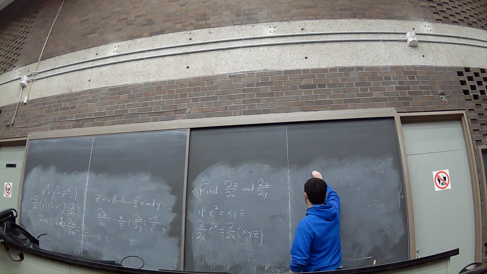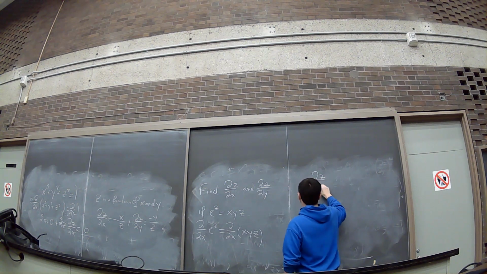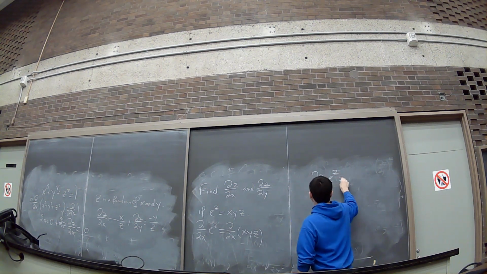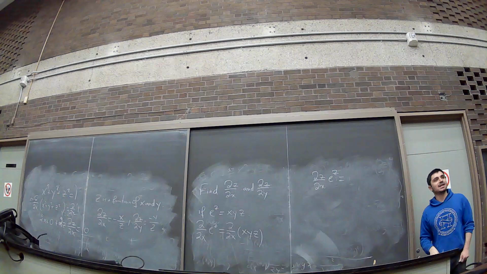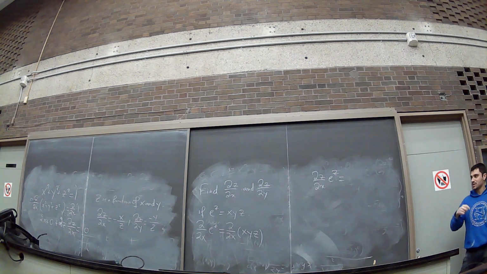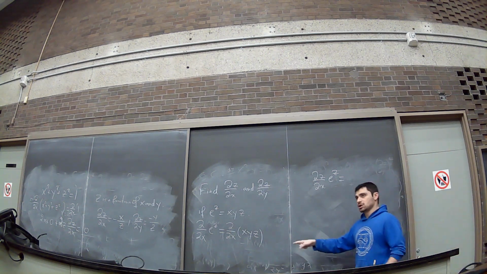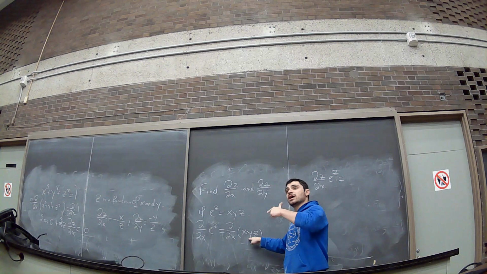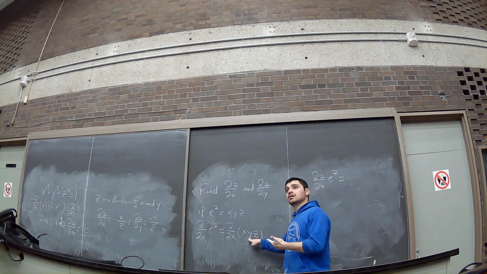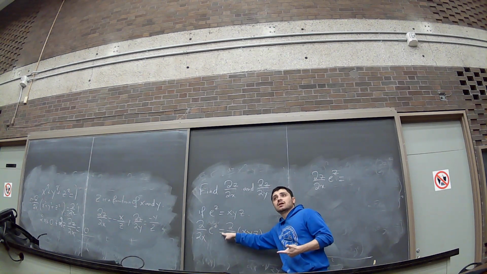So the first side is del z del x times e to the z. Now, how do I differentiate xyz... I mean, xy with respect to x? What rule should I be using here? Is x a function of x? Yes. Is y a function of x? No, so it's a constant, I can take it out.